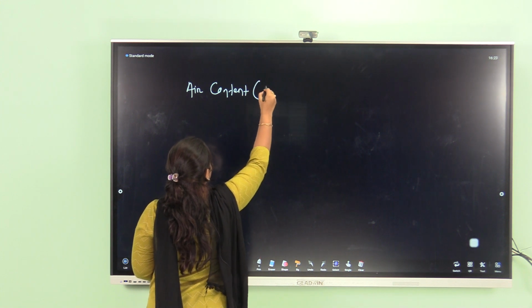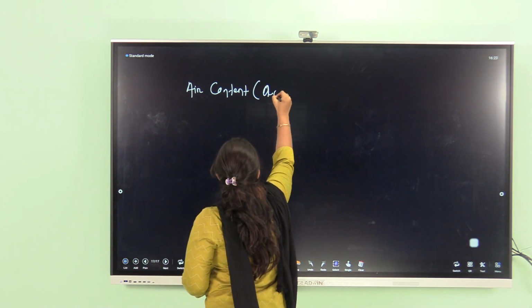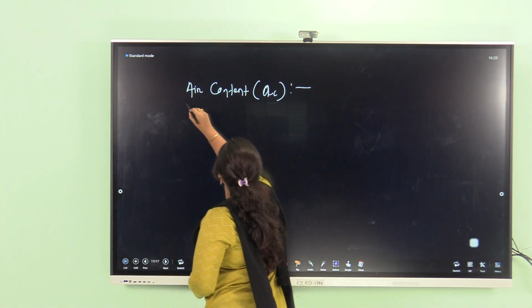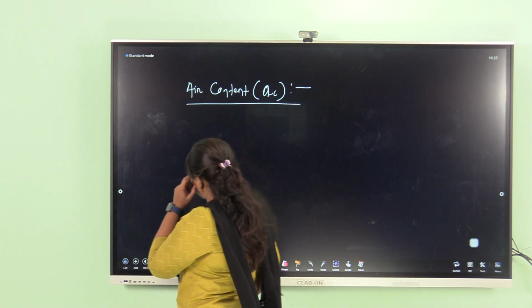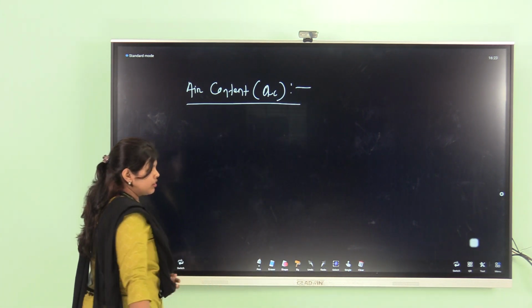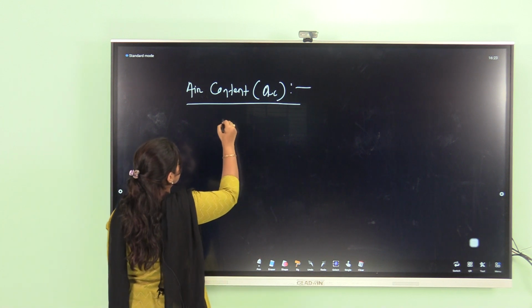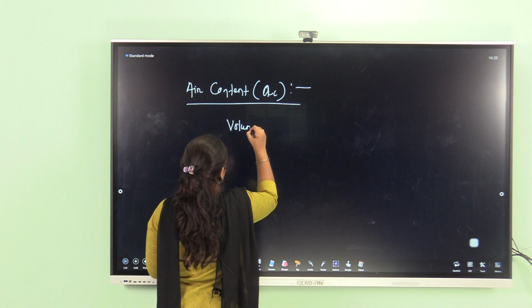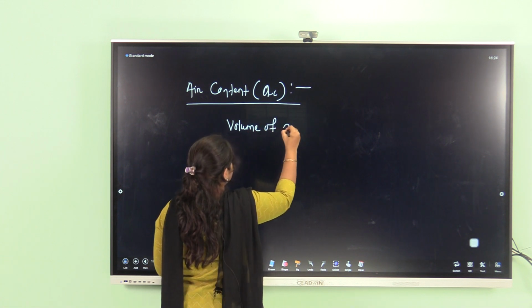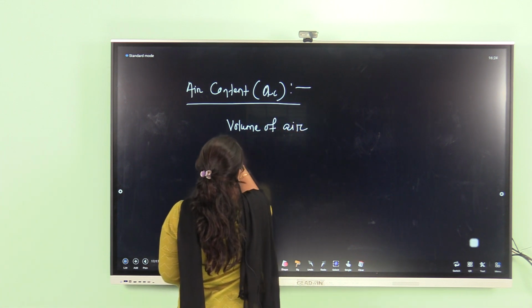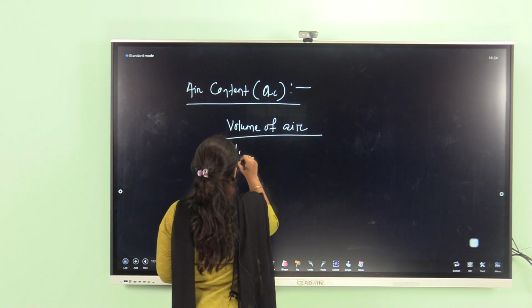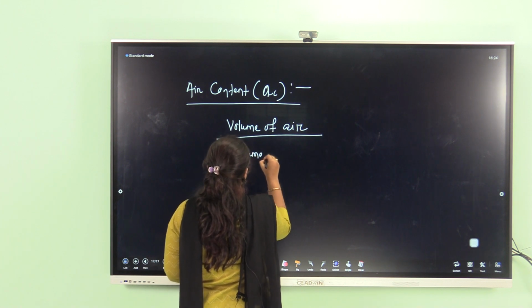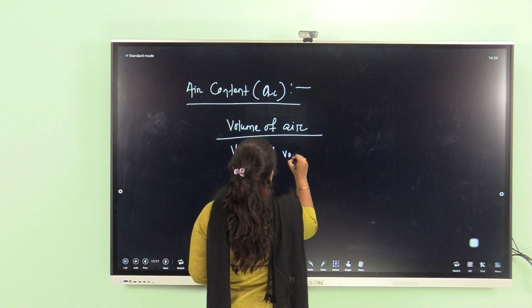Next, air content or AC. Formula for air content will be volume of air upon volume of void.